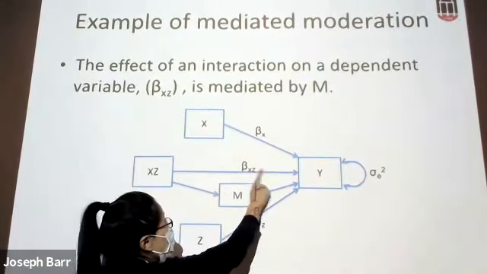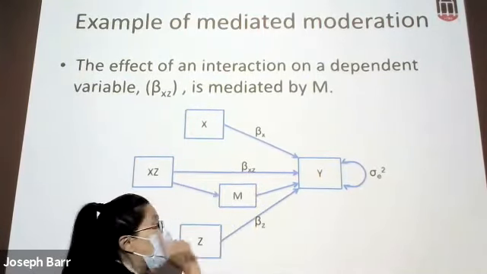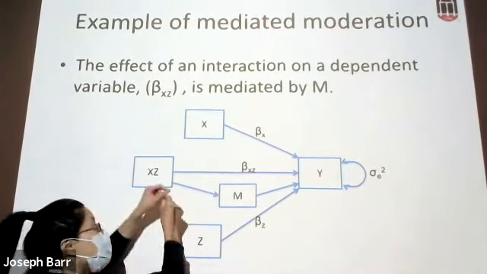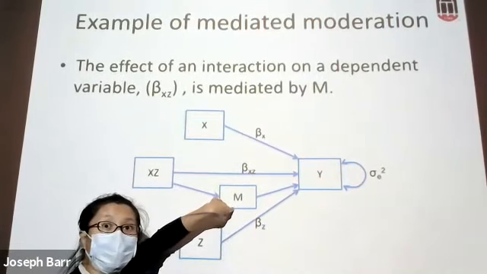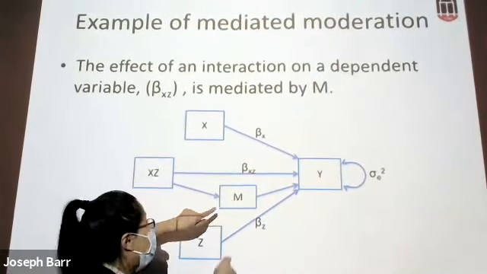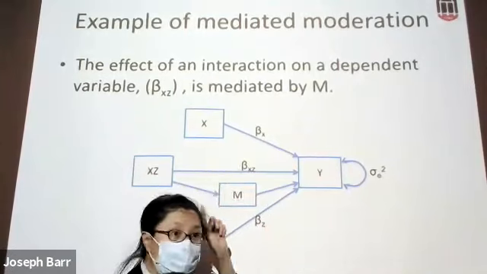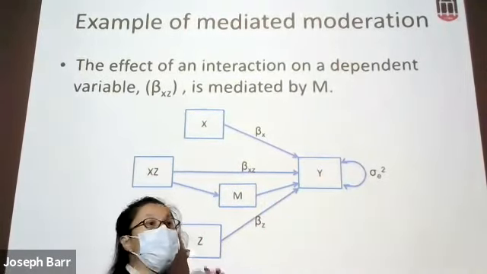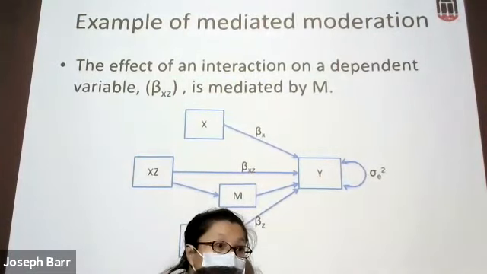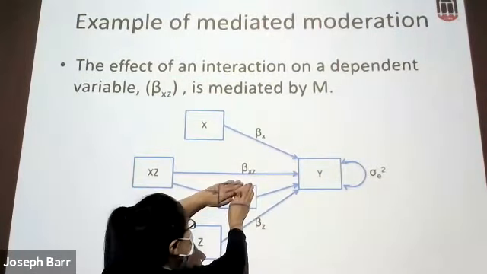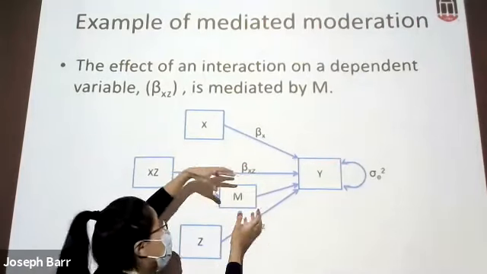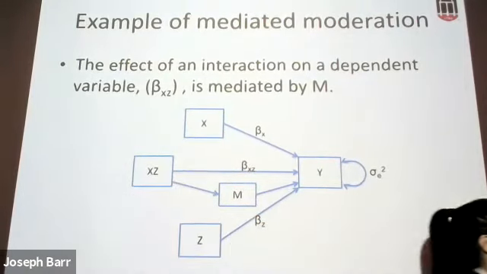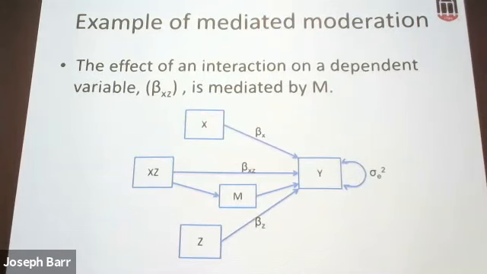The interaction coefficient might be mediated by this M. The M might mediate this direct effect from the interaction term to Y. This is called a mediated moderation. So basically it's a moderation, but we add the mediation on this path.